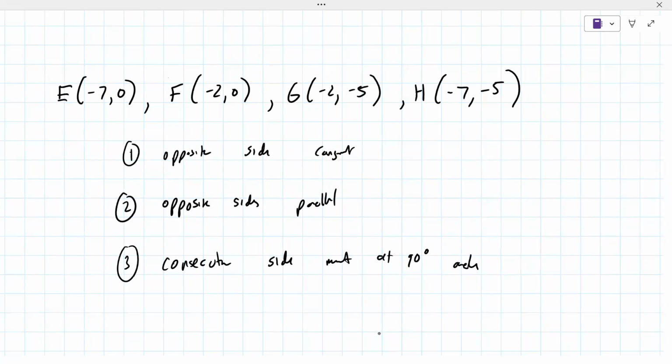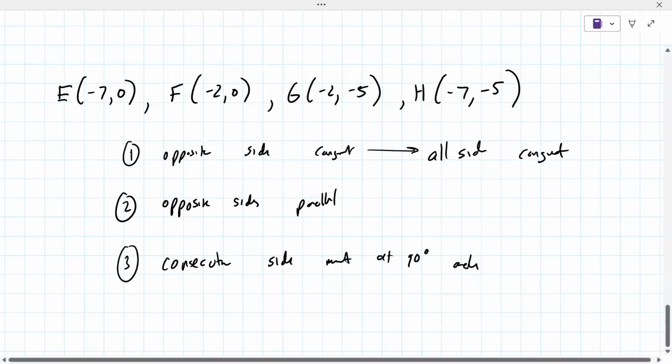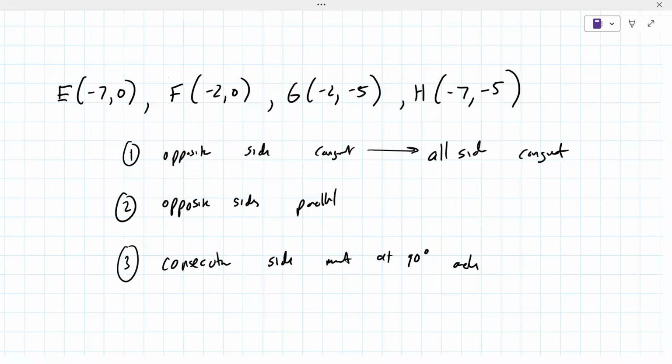And from opposite sides congruent, you're also going to find that all sides are congruent. So it's not good enough to just say it looks like a square. It's not good enough to make the table that we did. You have to make the table and say all this stuff. That's where that reference sheet comes in handy.